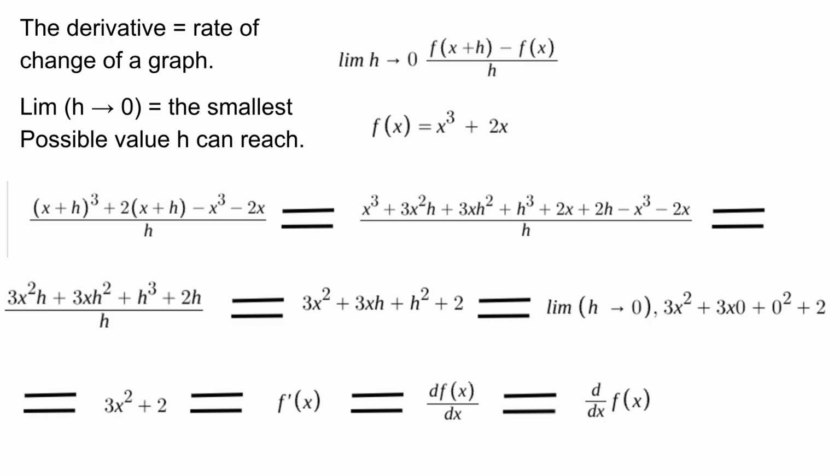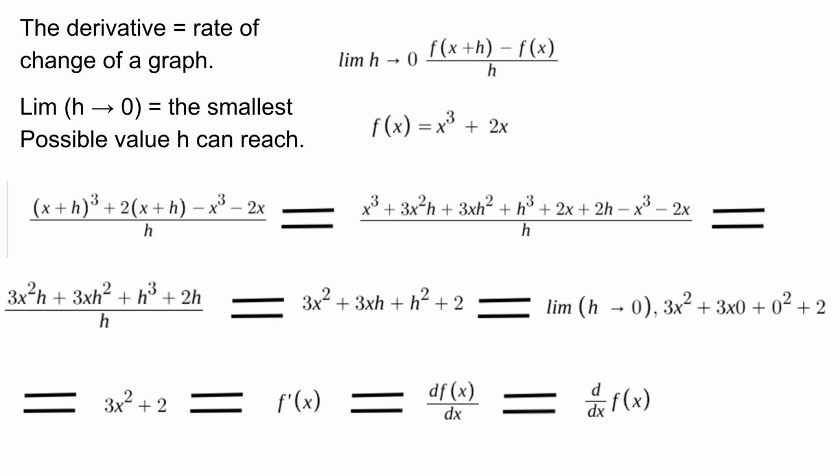This simplifies into 3x squared h plus 3xh squared plus h cubed and 2h all over h. This simplifies into 3x squared plus 3xh plus h squared plus 2.